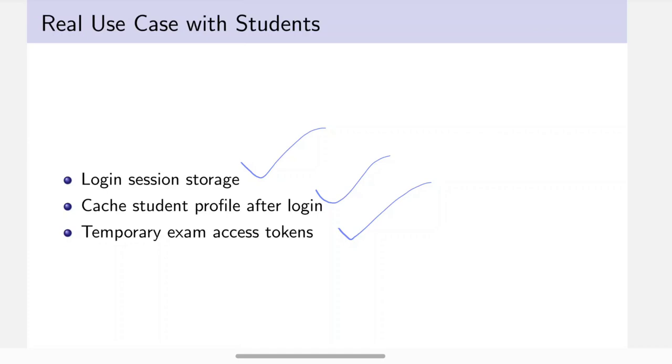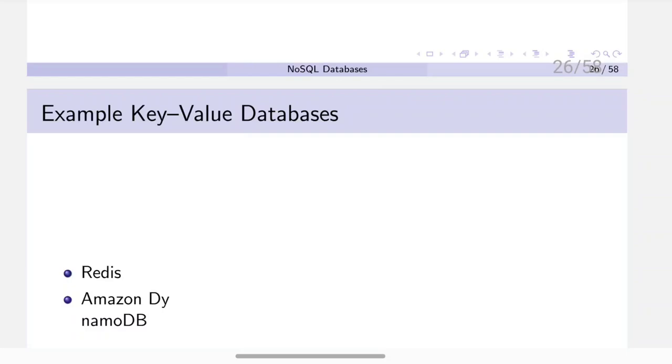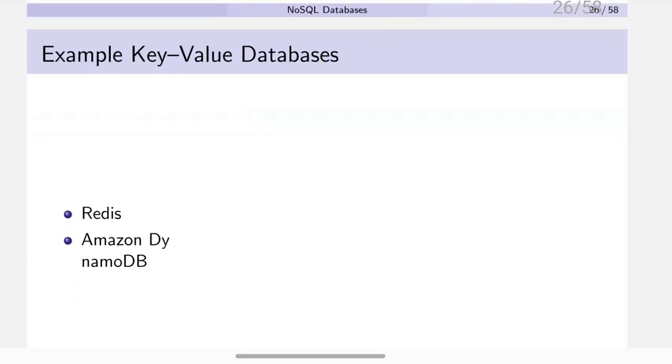So when a student logs in, the data loads instantly. That is where we use key value databases. Some real-world key value databases are Redis and Amazon DynamoDB. These are used by big tech companies for speed-critical systems.